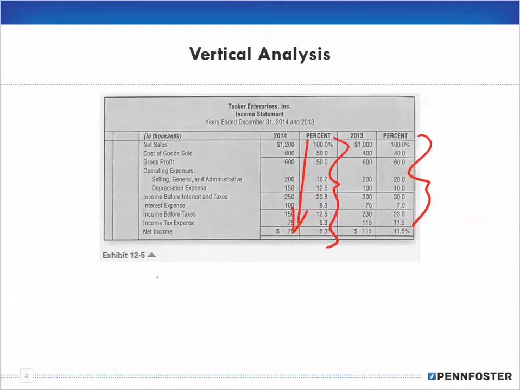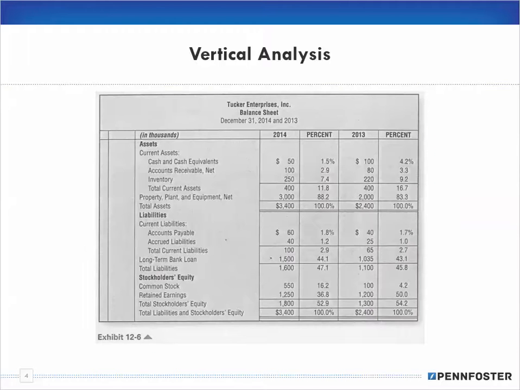Okay. Now let me go down, that was on an income statement. If we're looking at the balance sheet, we have the same thing. We're saying, okay, our total assets is 100%. Well, what percentage of that 100% is our cash, right? Well, if my total assets are 3,400 and I divide the 50 by it, that ends up being 1.5% for my cash, okay?